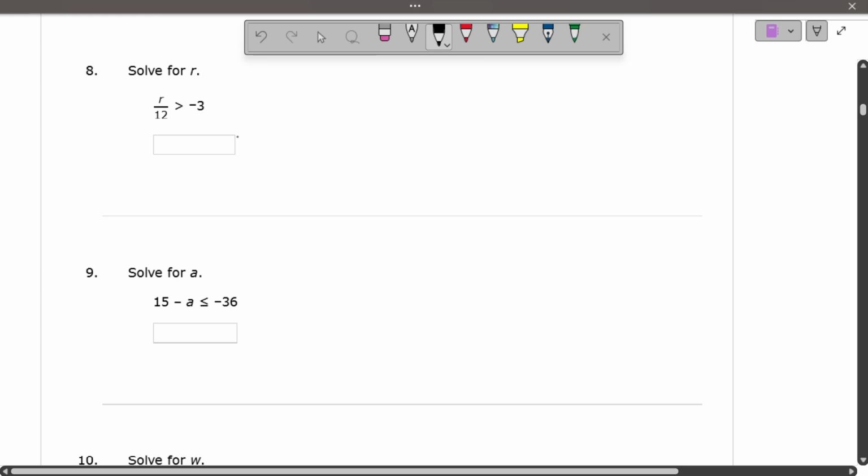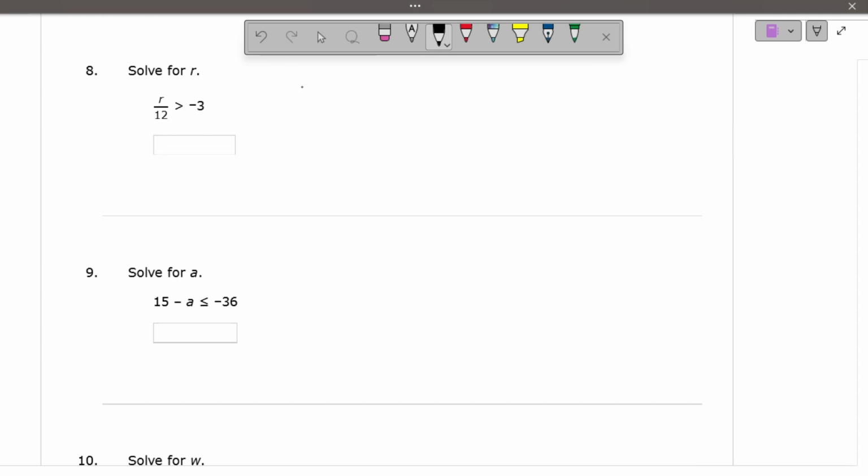So that is going to be the correct option. All right, so going down to number 8, solve for R again. I'm just going to rewrite this bigger here. So R divided by 12 is going to be greater than negative 3. Now, typically, whenever we move things to another side, we end up with division. But what happens when something is already being divided? So we have R divided by 12. This time, we are going to multiply both sides by 12.